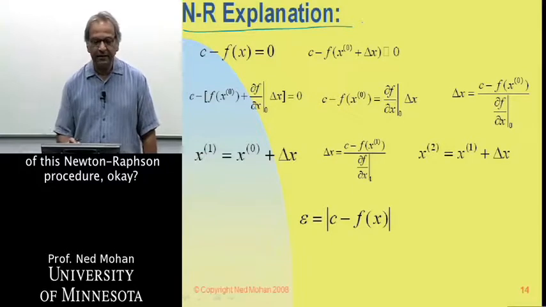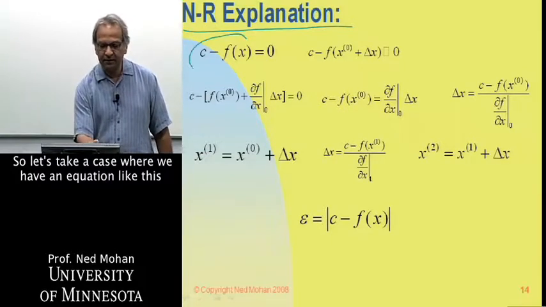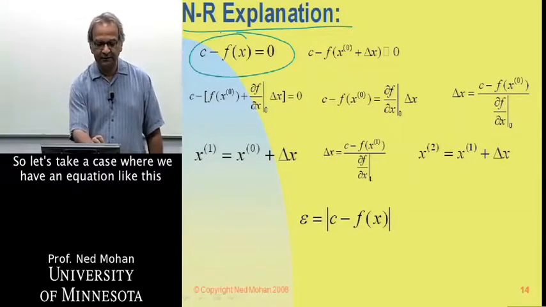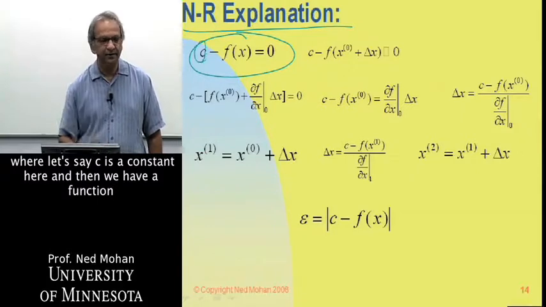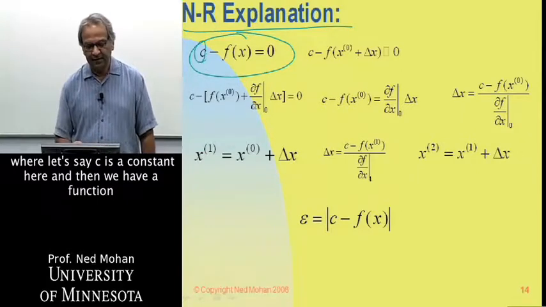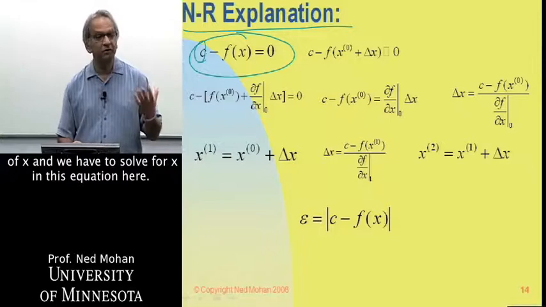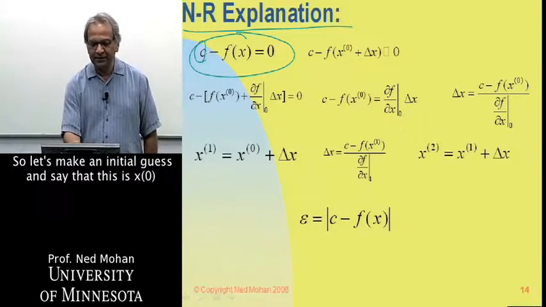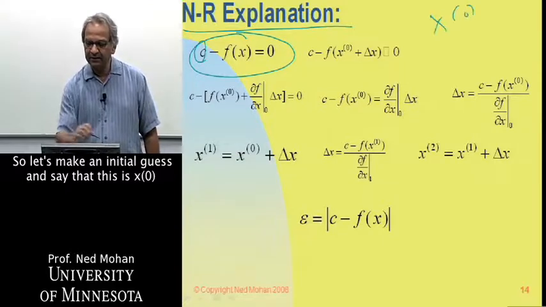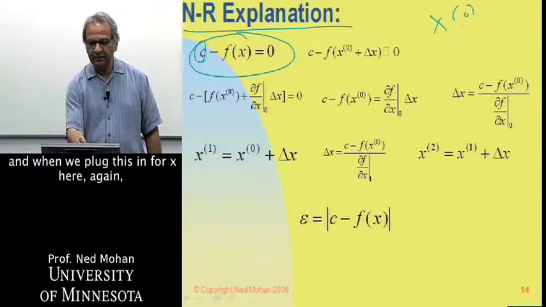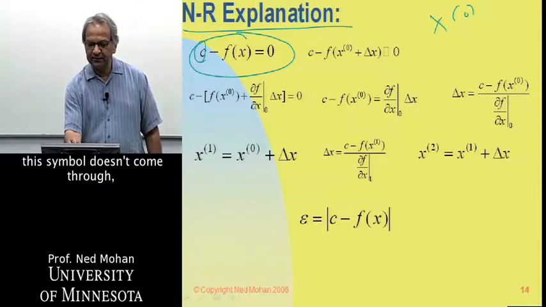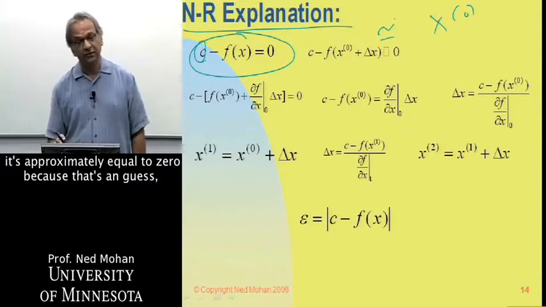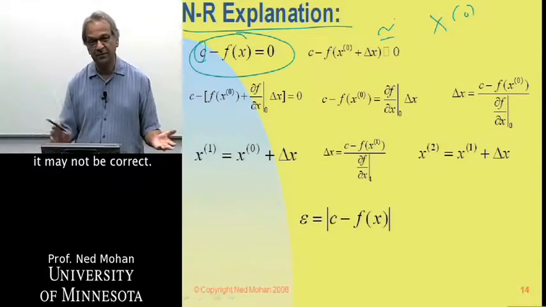So let's take a case where we have an equation like this, where let's say C is a constant here. And then we have a function of x, and we have to solve for x in this equation here. So let's make an initial guess and say that this is x0. And when we plug this in for x here, this symbol doesn't come through, it's approximately equal to 0, because that's an initial guess, which may not be correct.